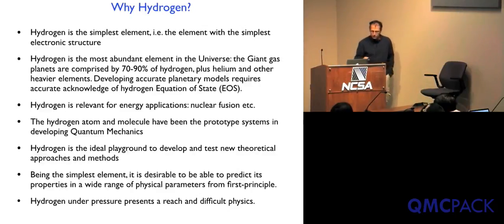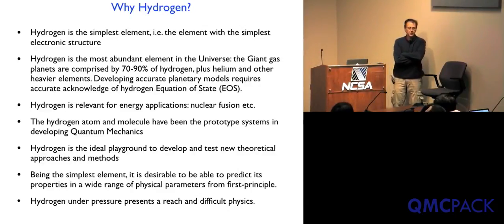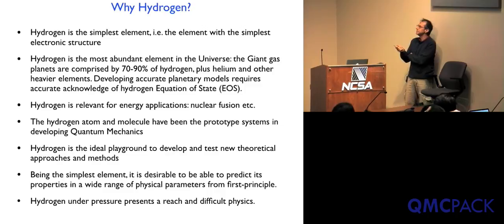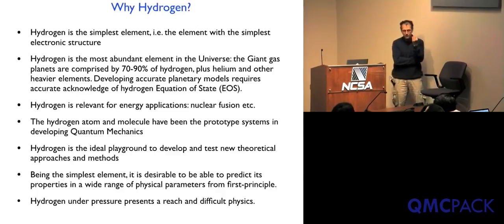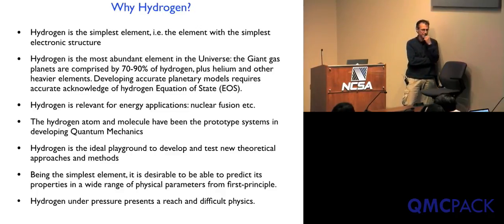So first of all, why do we want to study hydrogen? Well, hydrogen is quite an important element, I would say. First of all, it's the simplest element. As a computational physicist, you really want to have a method which is able to predict things.